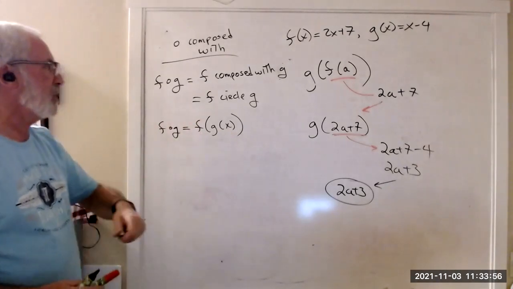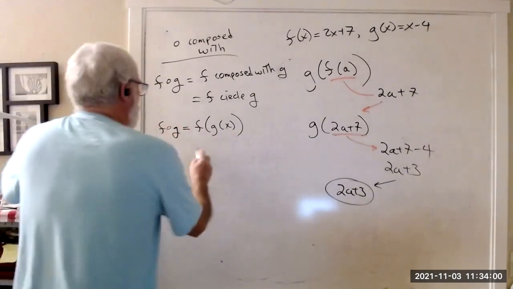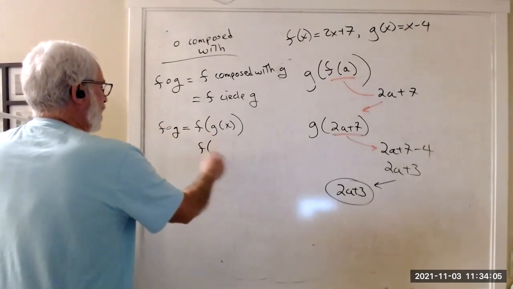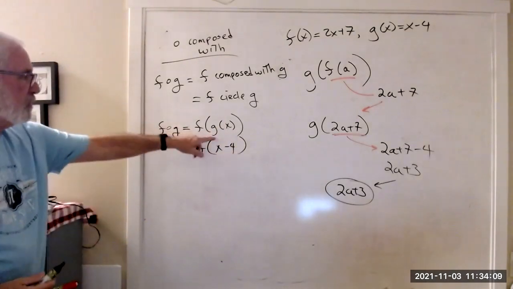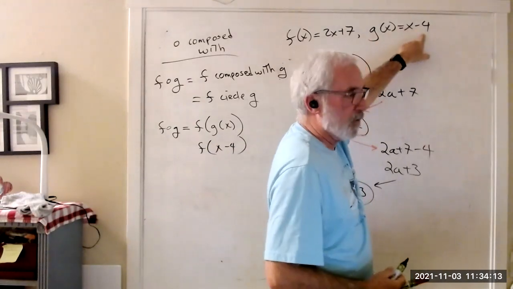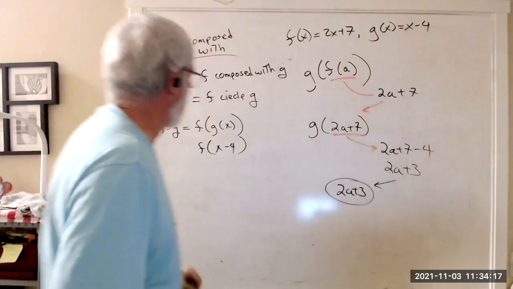Well, let's see what that would look like. F circle G means F of G of X. Well, this is F of X minus 4, because G of X is equal to X minus 4. They're worth the same.